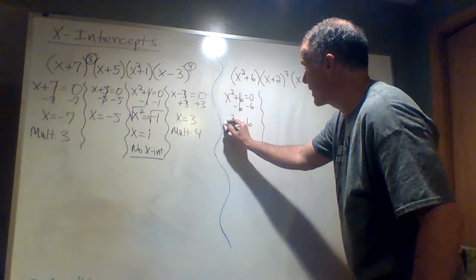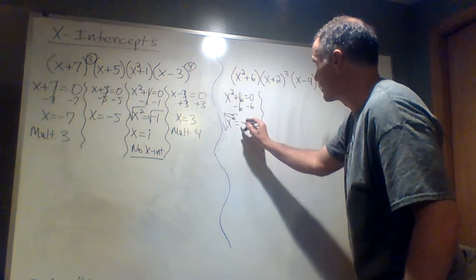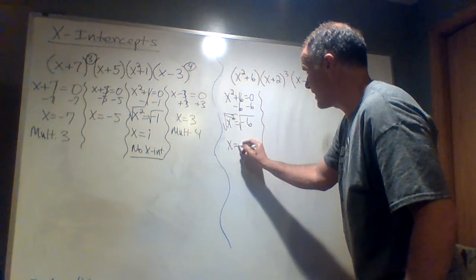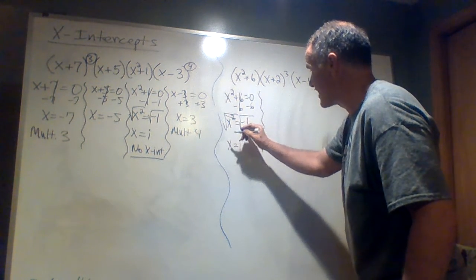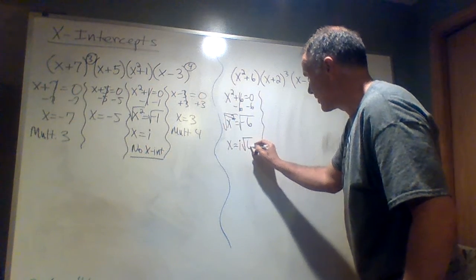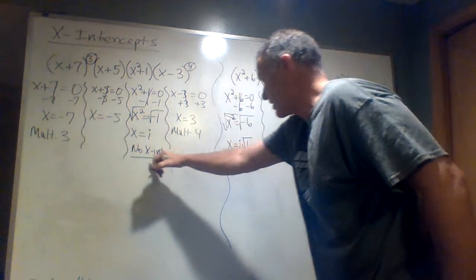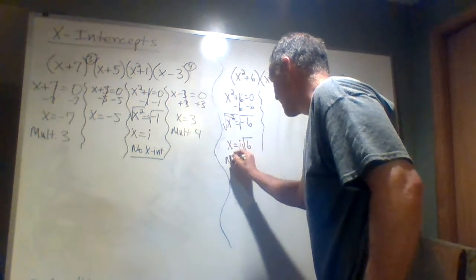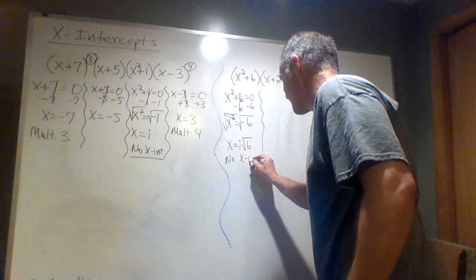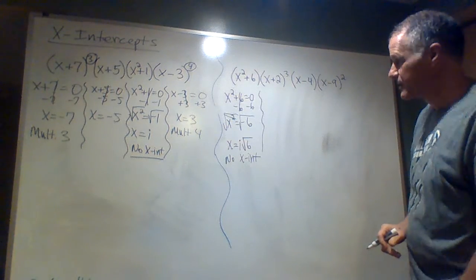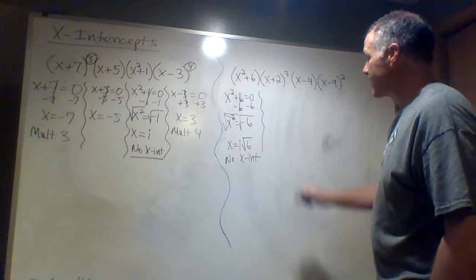To get rid of x squared, remember, square root. And that's the problem: I get the letter i, so that negative inside. Anytime you get i, there's no x-intercept. So we put no x-intercept, because I got the letter i.